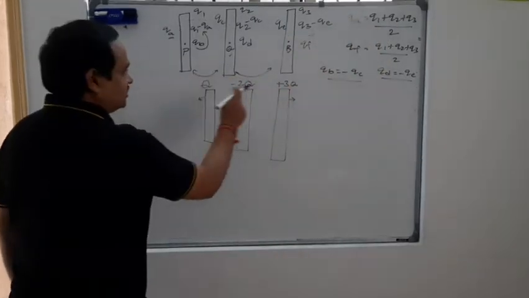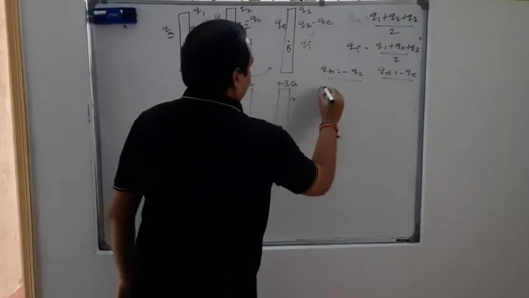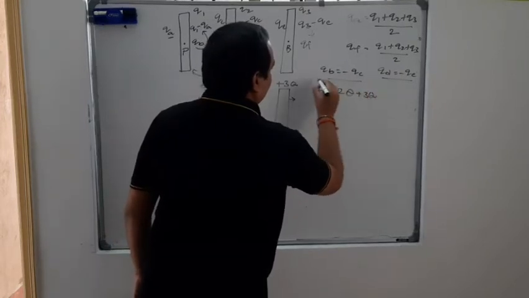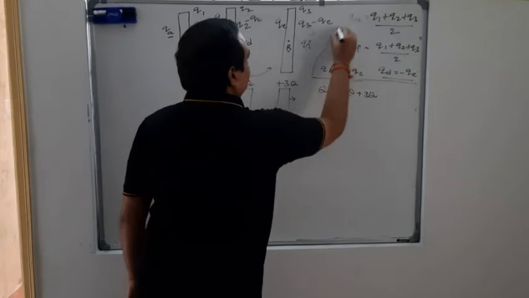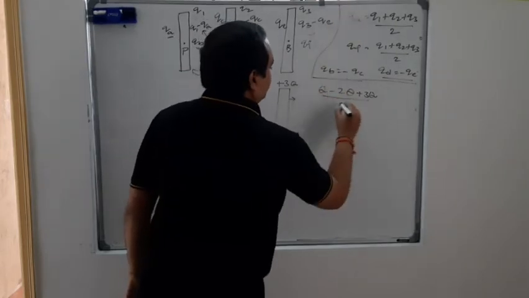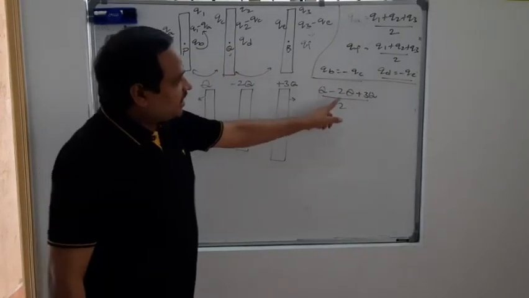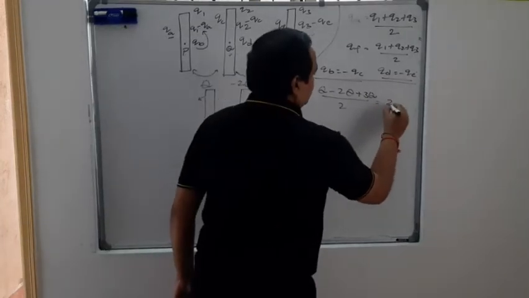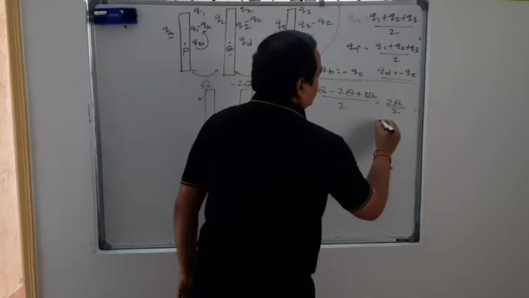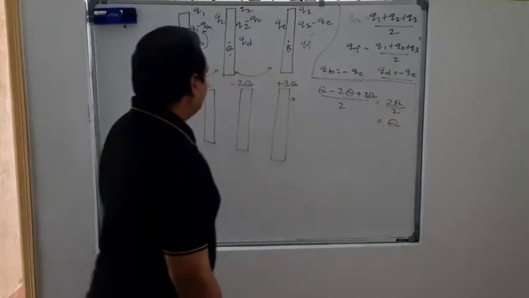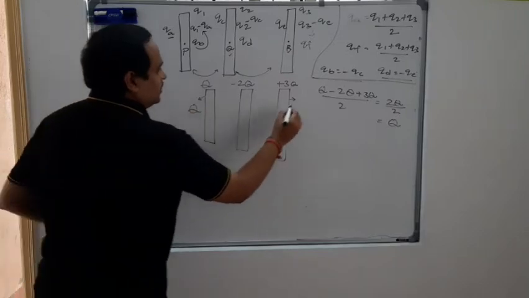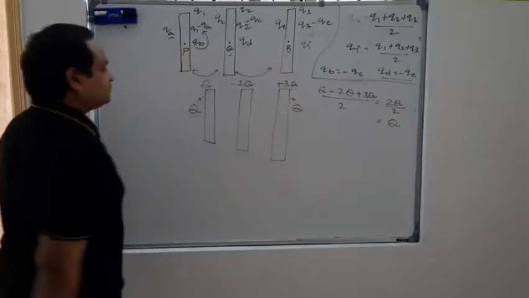Let us add all the charges, that is q minus 2q plus 3q by 2. That means minus q plus 3q is 2q, by 2, which gives q. So the charge on the outer plates is q as well as q.